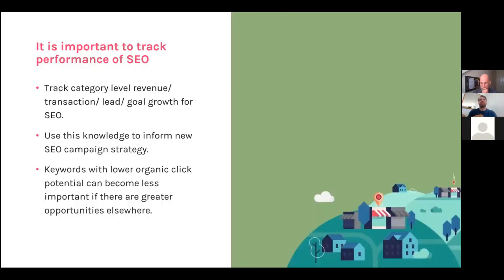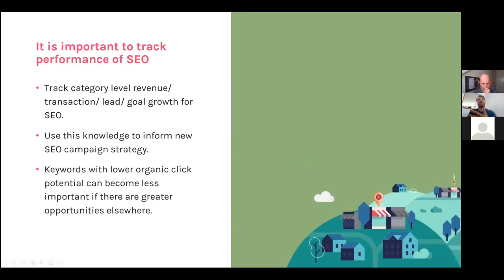So just to summarize what we've got today: tracking category level revenue or transaction or lead growth or goal growth if we are generating traffic to just, say, a blog site. We can use this knowledge to inform new SEO campaign strategy.